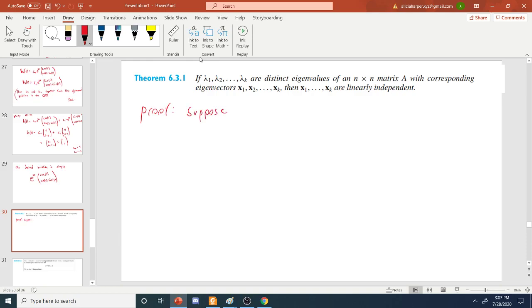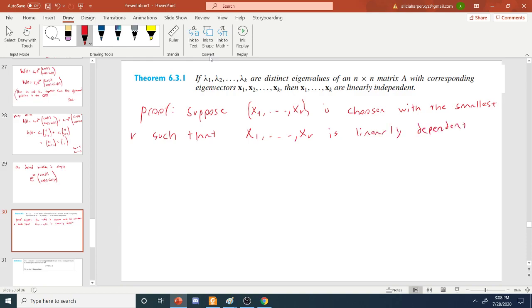Suppose x1 through xr is chosen with the smallest r such that x1 through xr is linearly dependent.